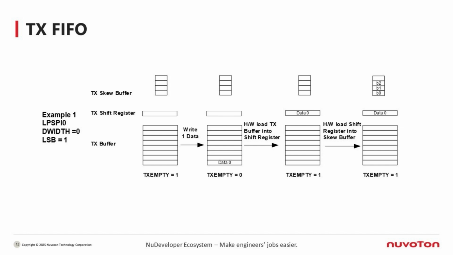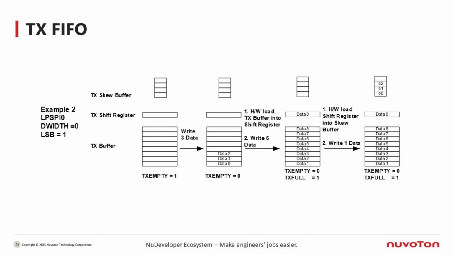The TX buffer is now empty again, so TX empty goes back to 1. Next, the hardware moves data 0 from the shift register into the TX skew buffer, arranges the bits in LSB first order, and waits for the clock to start shifting the data out.